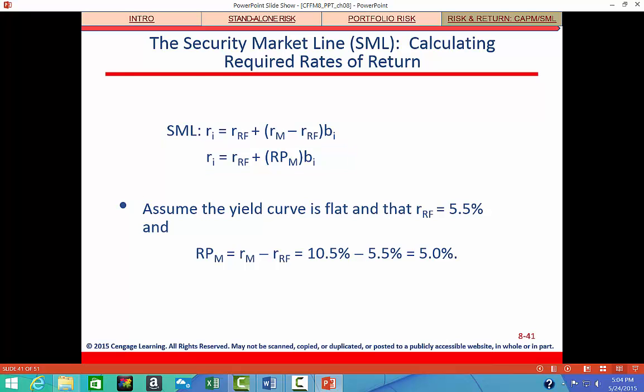If you're given the return on the market, the risk-free rate and beta, then you use the first equation. It all depends on how the question is worded. In this example, we're trying to figure out the market risk premium. The expected return on the market was 10.5%, and the risk-free rate was 5.5%. If we subtract those two, we see the market risk premium is 5%.